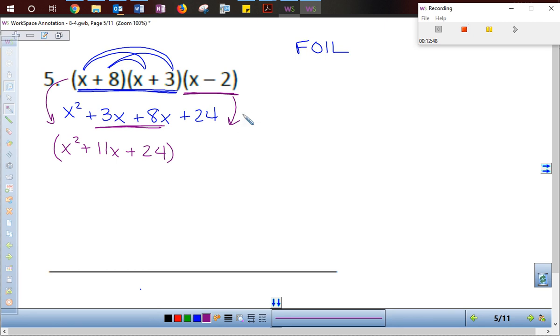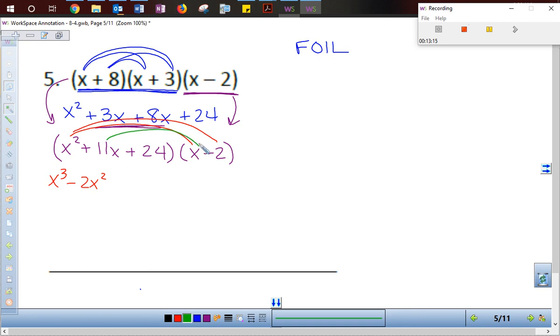So after I've simplified it, I'm going to bring down that x minus 2 and multiply my trinomial now times my binomial. Now pay attention, we have 3 terms being multiplied by 2 terms, so I should end up with 6 terms. Let's see what I get. I'm going to start with this x squared and distribute it through my binomial. So x squared times x gives me x to the third, and x squared times negative 2 gives me negative 2x squared.